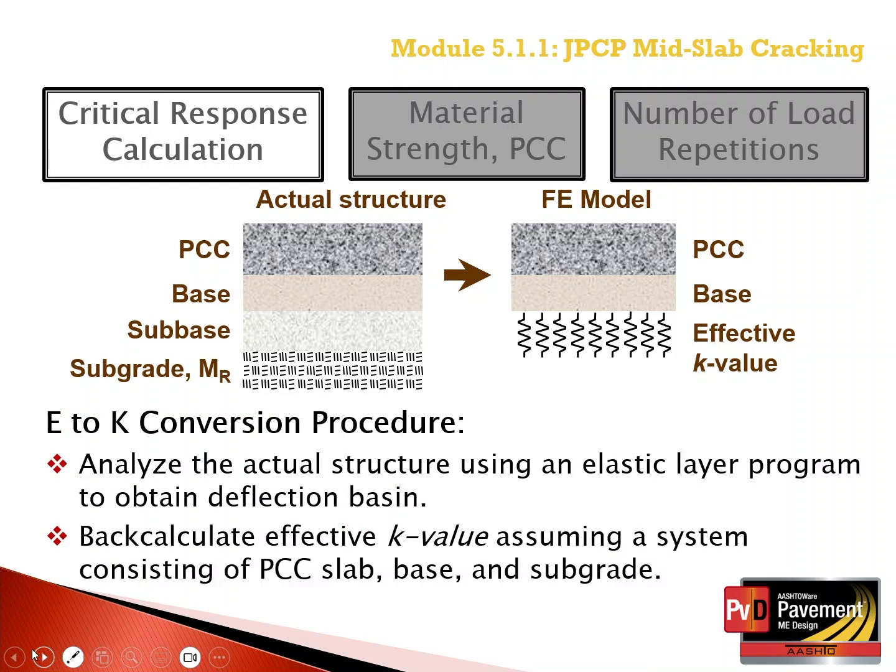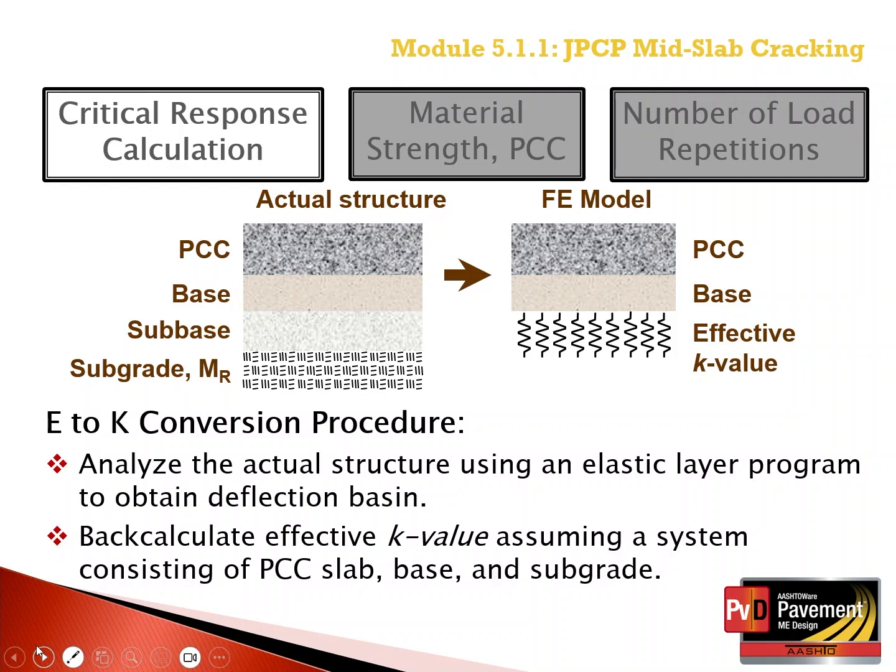The elastic to K-value conversion procedure is based on the calculated deflection basin. In summary, the elastic layer program is used to calculate a deflection basin for the rigid pavement using the elastic or resilient modulus of all layers.